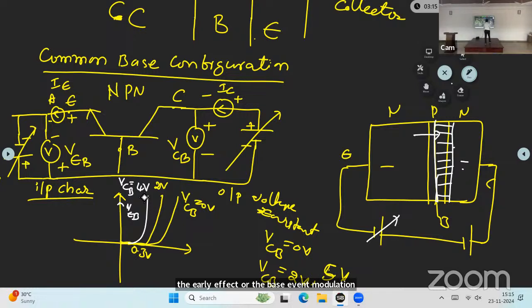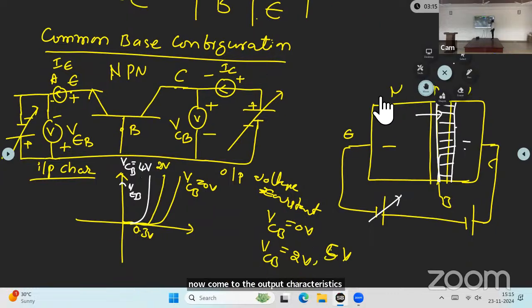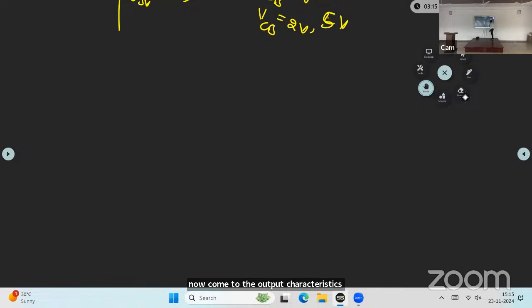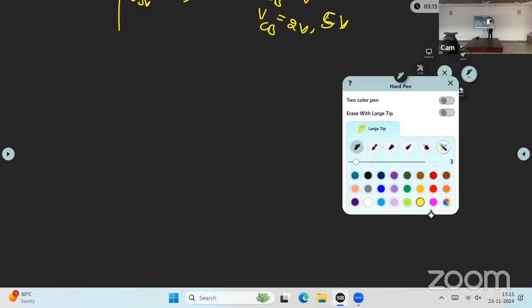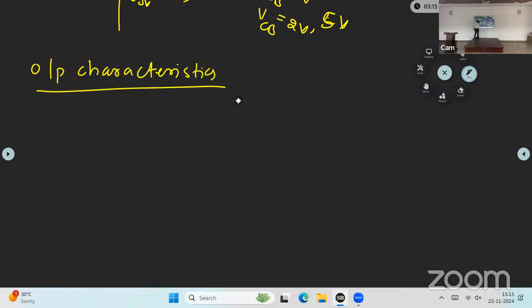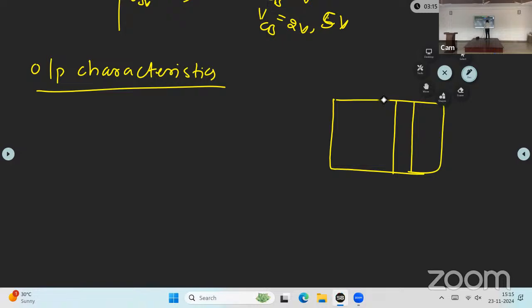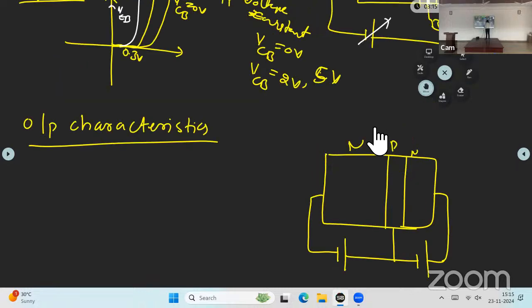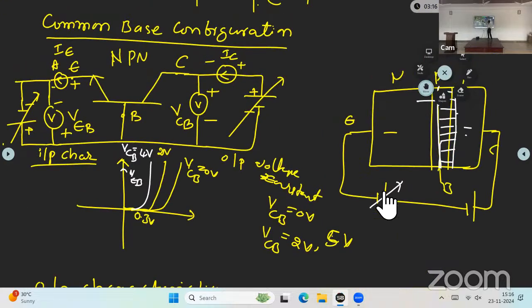Now come to the output characteristics. To draw the output characteristics, what is the graph between?